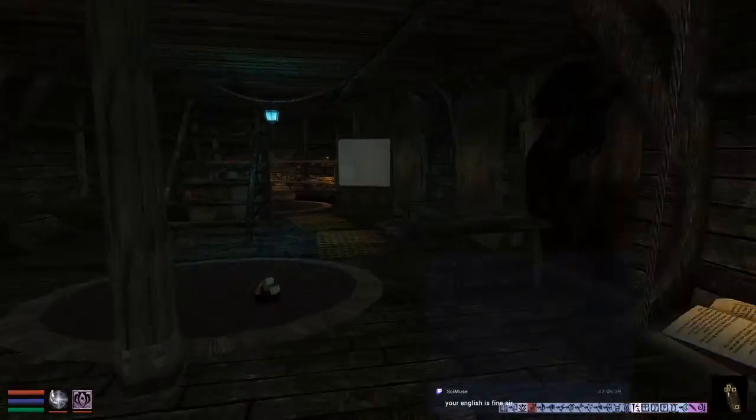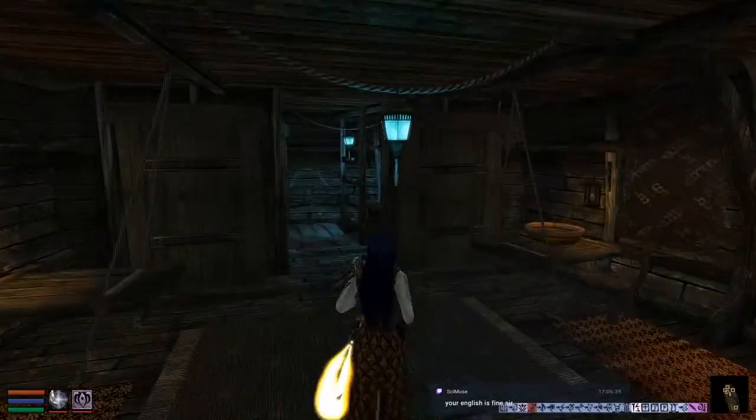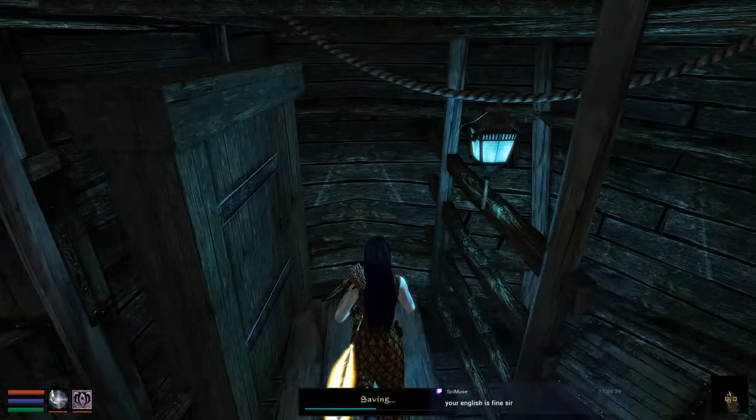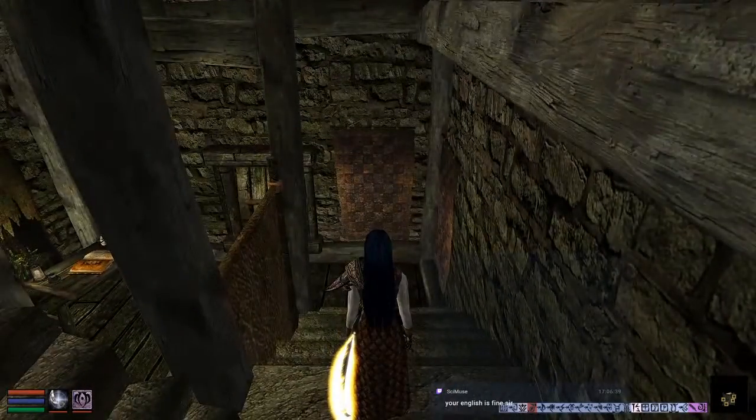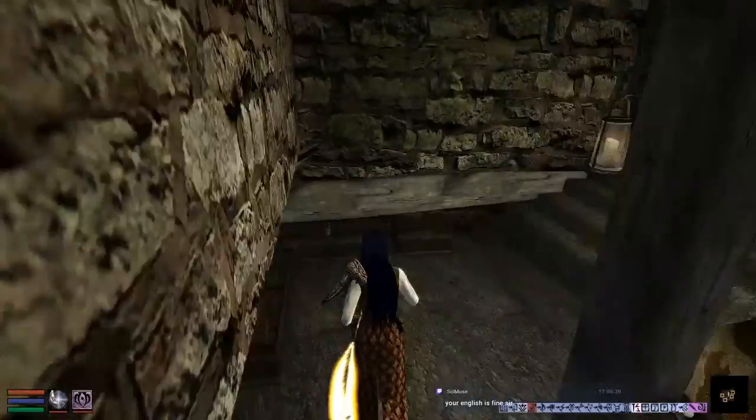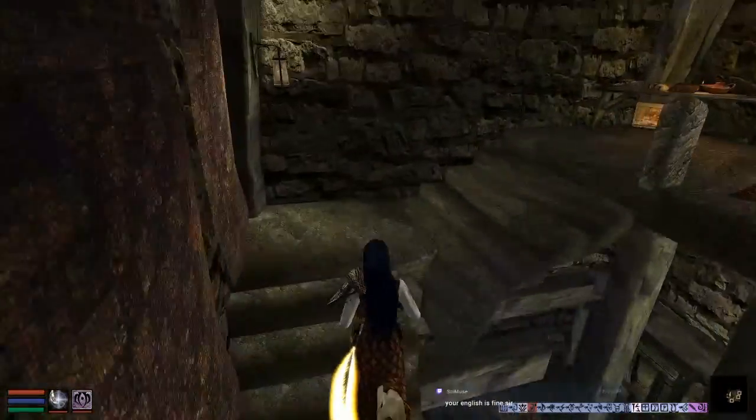And from here we have plenty of teleportation doors. This one is going to the Ibonat lighthouse. And from here we can walk.